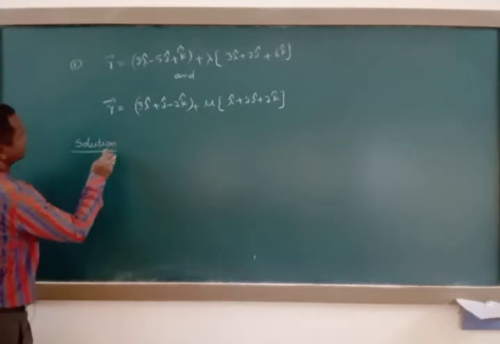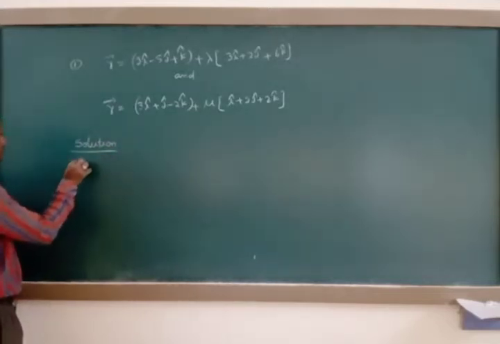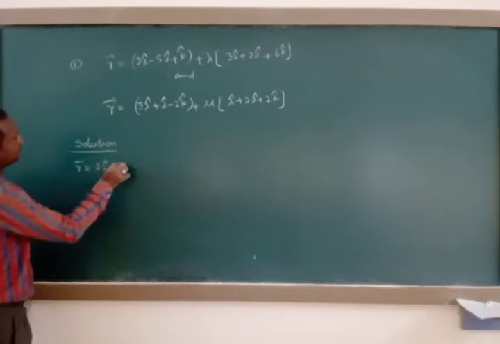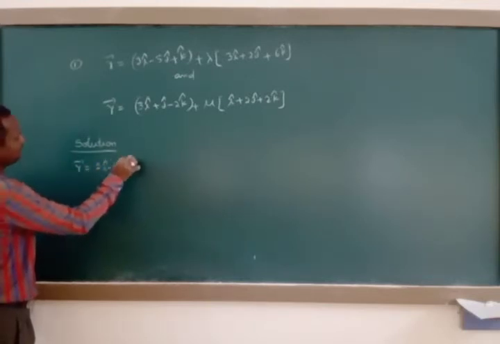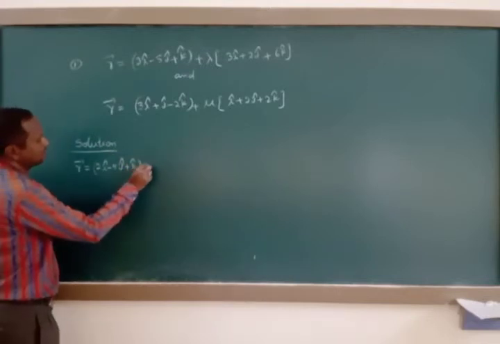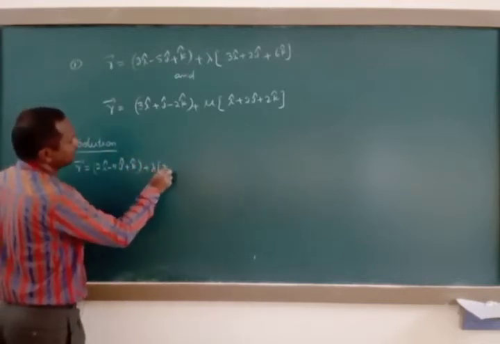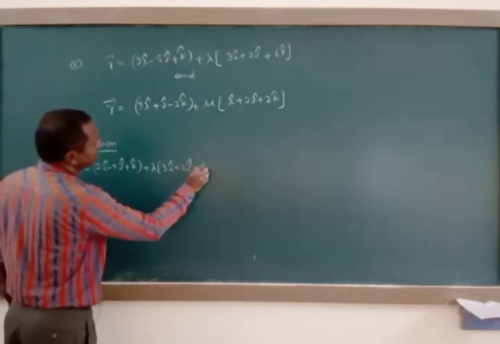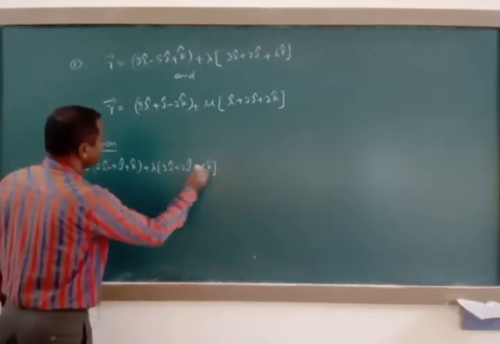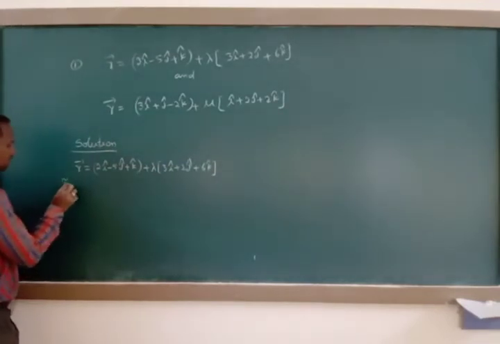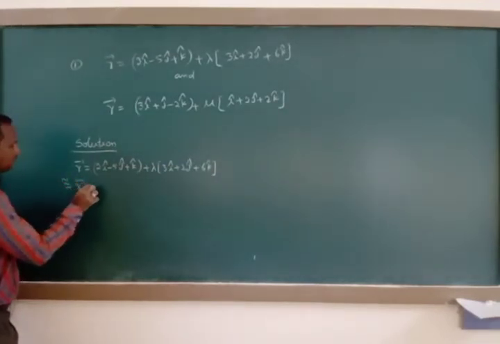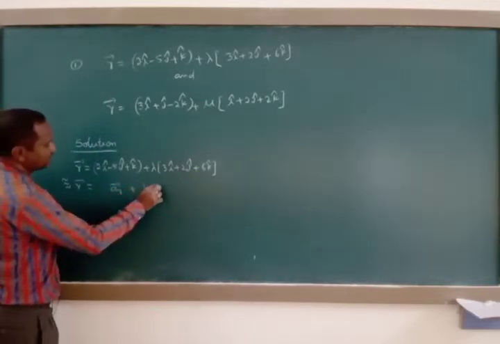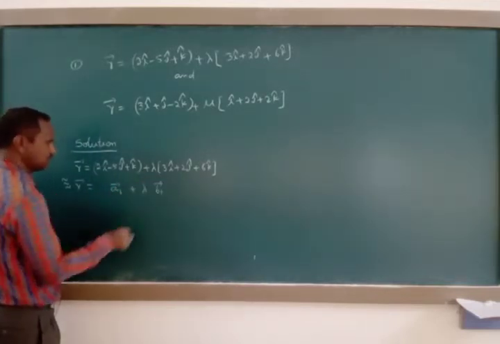The first given line is r vector equal to 2i cap minus 5j cap plus k cap, plus lambda into 3i cap plus 2j cap plus 6k cap. Comparing with r vector equal to a1 vector plus lambda into b1 vector.